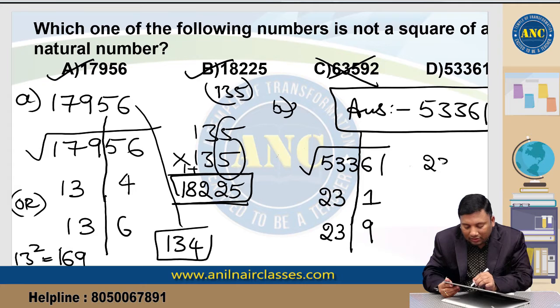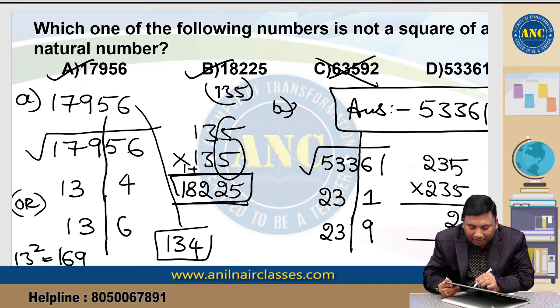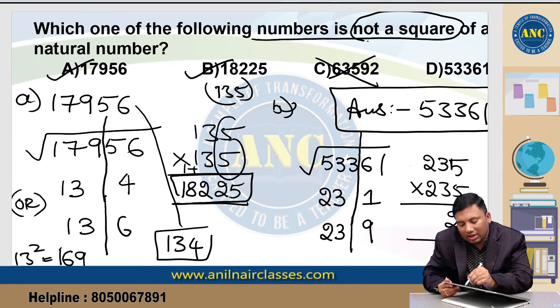Suppose 231 whole square, 235 let us do. 235 into 235: 5 fives are 25. Why are we doing all this? Which of the following is not a square? Not a square means only one logic, right?